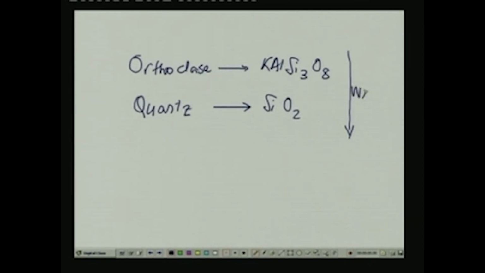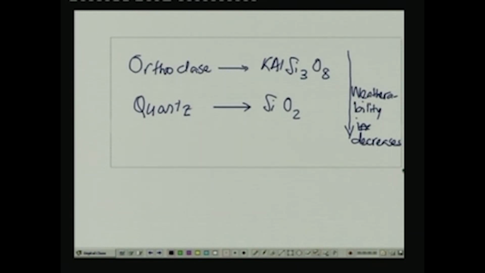Let's say, if we can coin the word weatherability, then that decreases as we climb down Bowen's reaction series. So you can see how the percentage of oxygen changes as you climb down Bowen's reaction series.